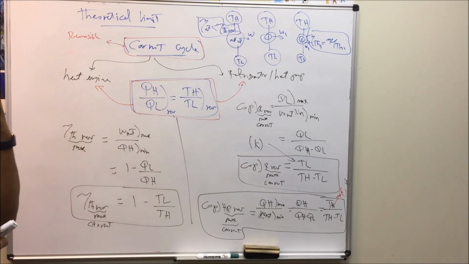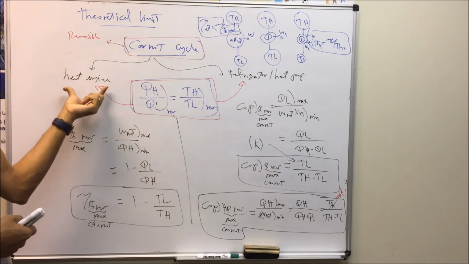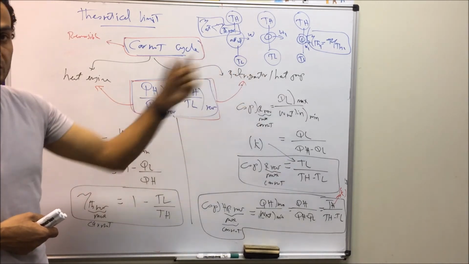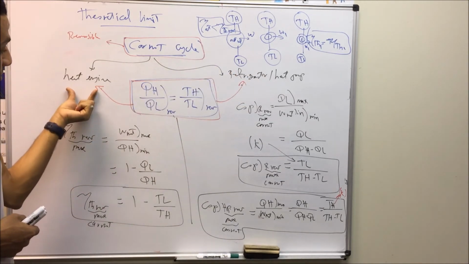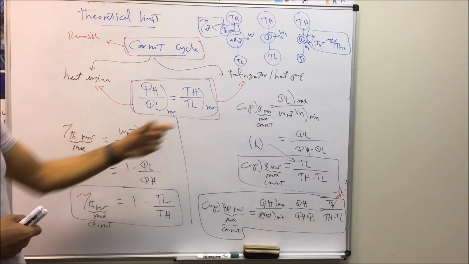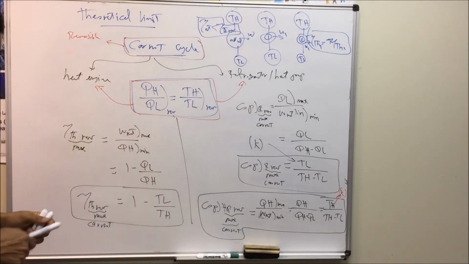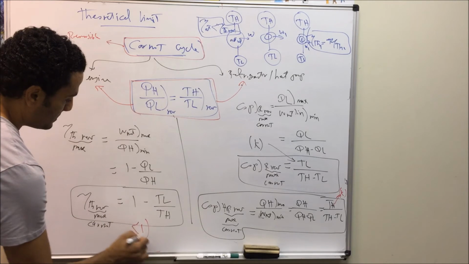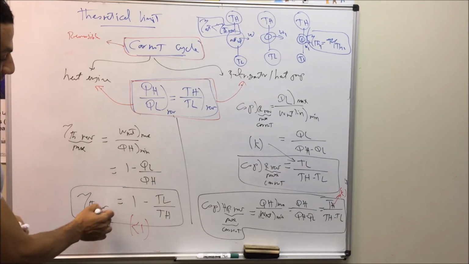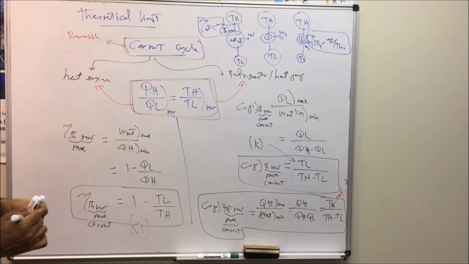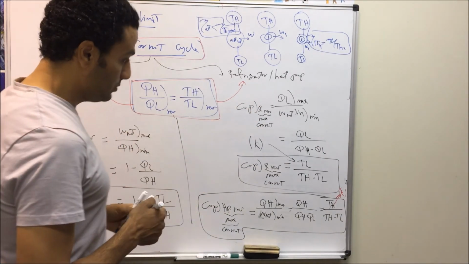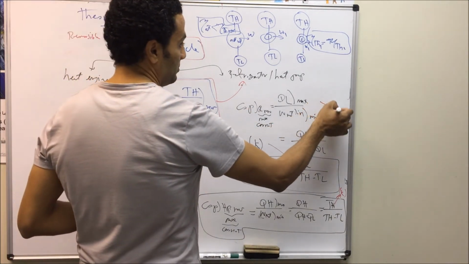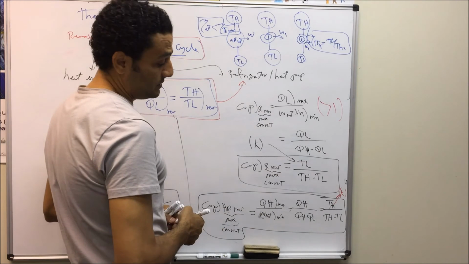You have to make the difference between a heat engine and a refrigeration cycle or heat pump. In a heat engine, we don't have a coefficient of performance, we just have the thermal efficiency, and this thermal efficiency should be less than 1, okay? Even the maximum value should be less than 1. For a heat pump or refrigeration cycle, we have a coefficient of performance, and in most cases this will be greater than 1.